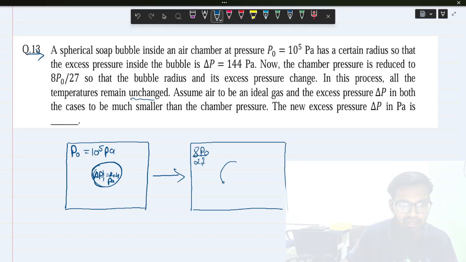And for this, the excess pressure inside the air bubble, delta P2, we have to calculate. So that is the question.